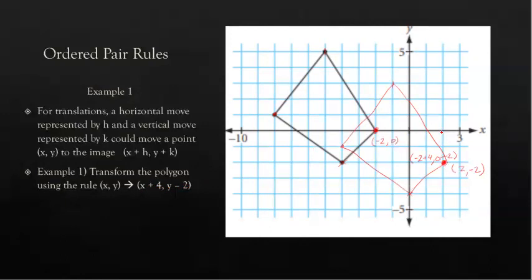We can count it, or we can calculate it by putting this point into this formula and finding what the new point is. So our new image was a translation of (4, -2). That's where we moved it to. So we were sliding it a positive 4 and a negative 2.